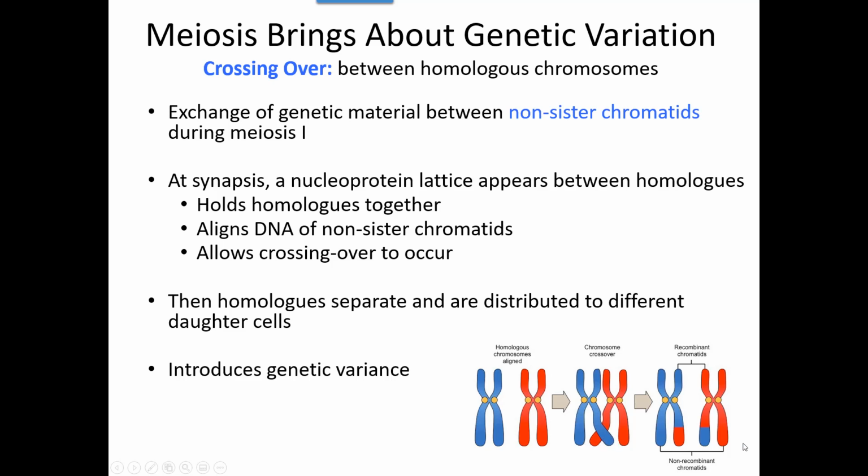So now we've got chromosomes that aren't identical to the original parents. They are still going to contain the same type of information. They're still going to contain information for hair color, eye color, whatever. But it's slightly different than the original because we've got a little mix-up or crossing over here.